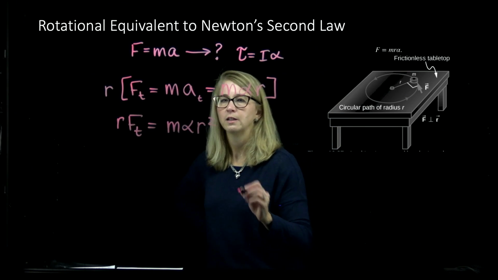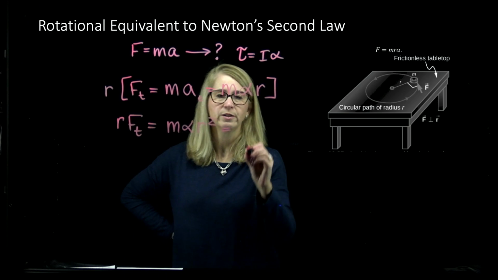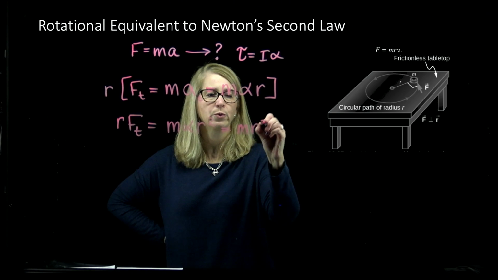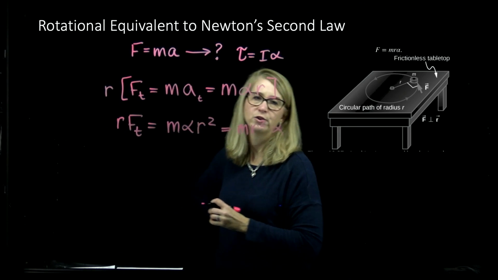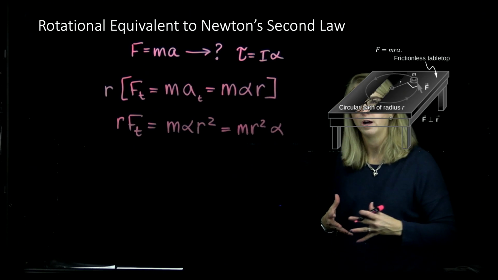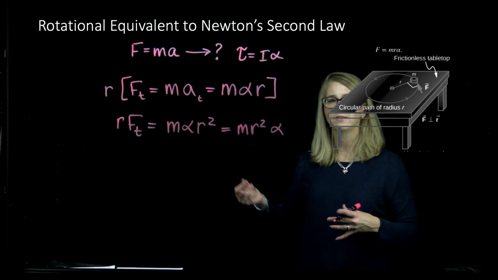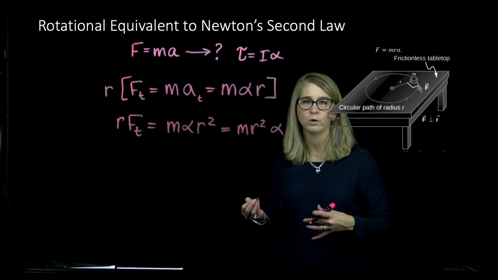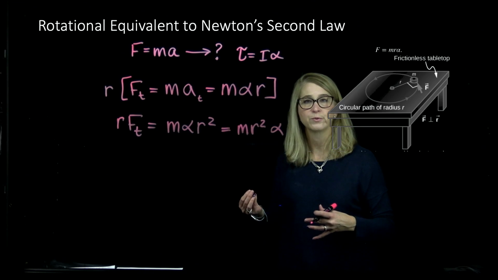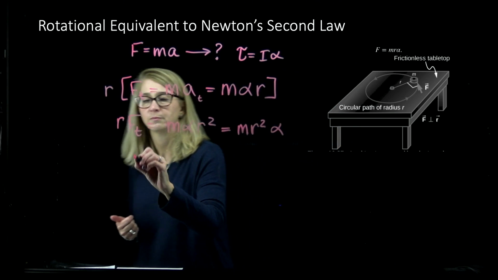Now, I'm going to group things differently. I'm going to write m r squared times alpha, just to make it a little more obvious. Now the left-hand side, which is the radius times that tangential force, is just the torque.